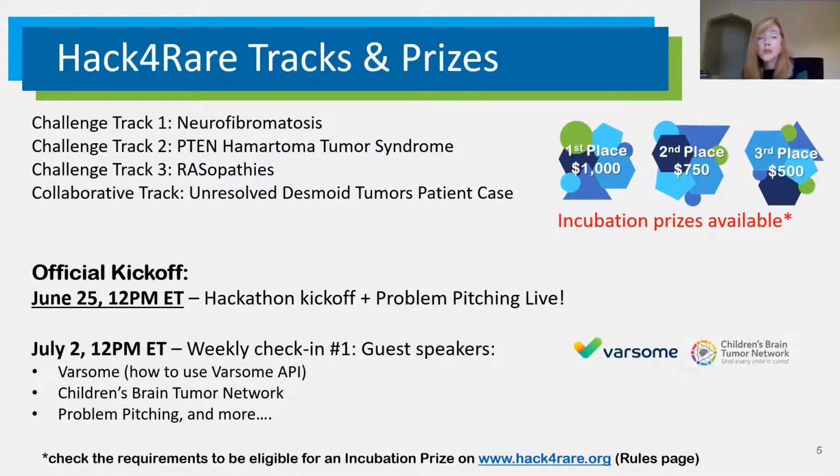So please tune in for our kickoff this Friday at 12 noon Eastern Standard Time, where we'll have some guest speakers from last year's hackathon, hear from our CEO, Annette Bacher, and our problem pitching will begin, hosted by MIT, where people can share the problems they want to solve in the hackathon and brainstorm and maybe even form some teams if you don't have a team already.